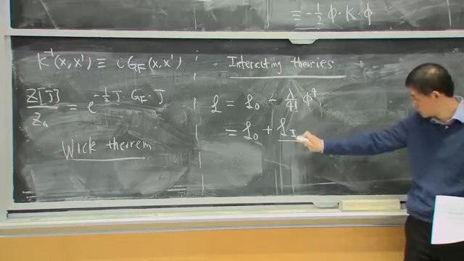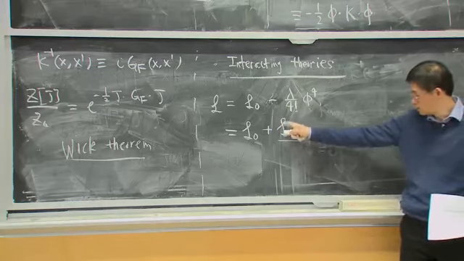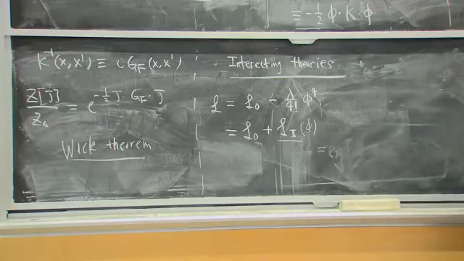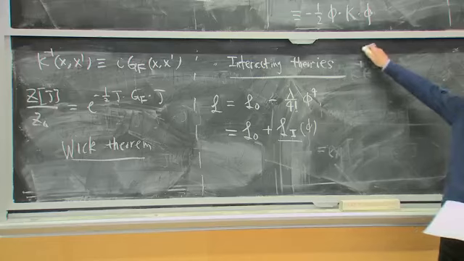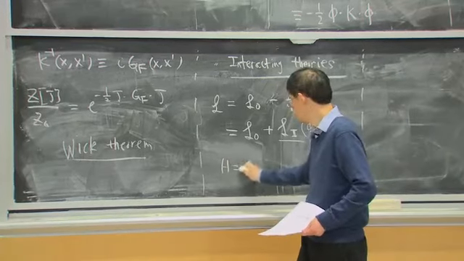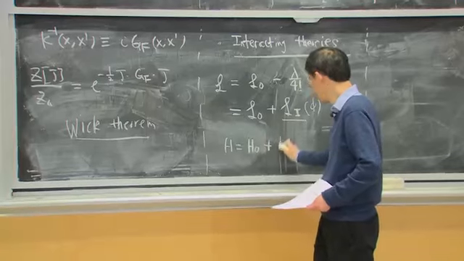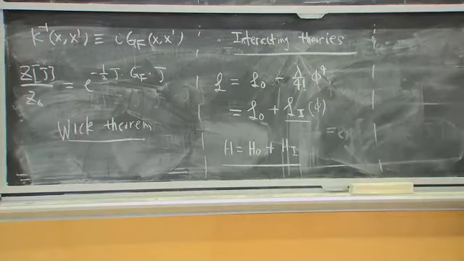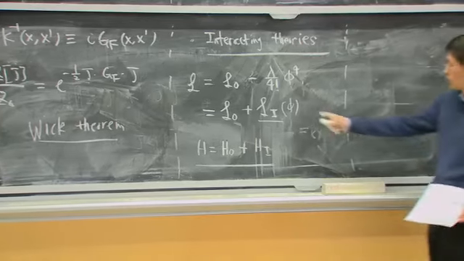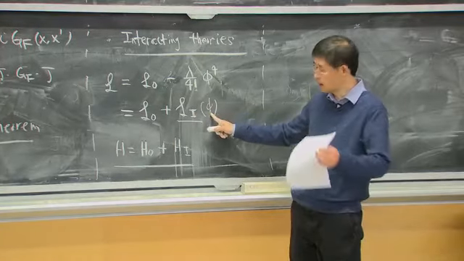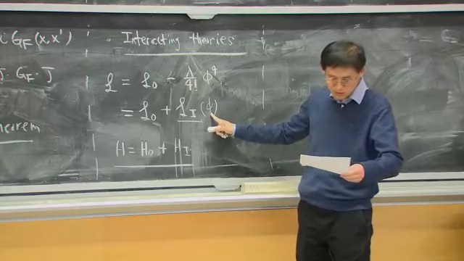You have some extra term that depends on phi. Similarly, your Hamiltonian will also be the free theory Hamiltonian plus an interacting one. For simplicity, let's say that this Li, as in this case, only depends on phi and does not depend on the time derivative of phi.